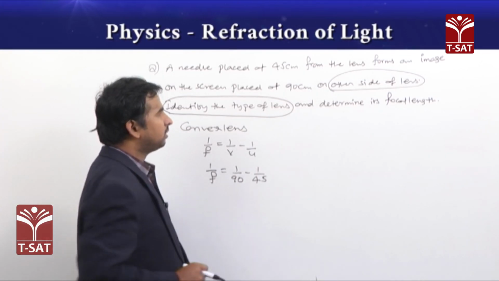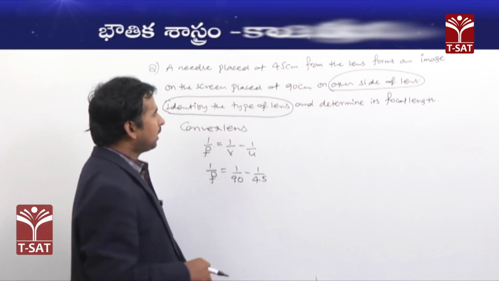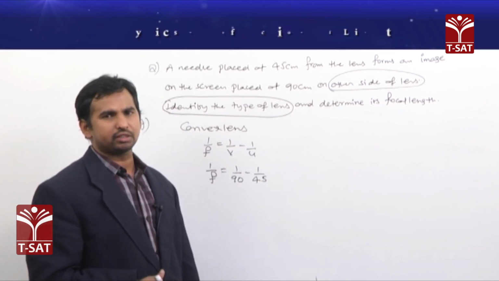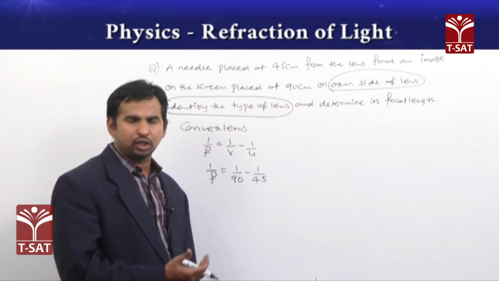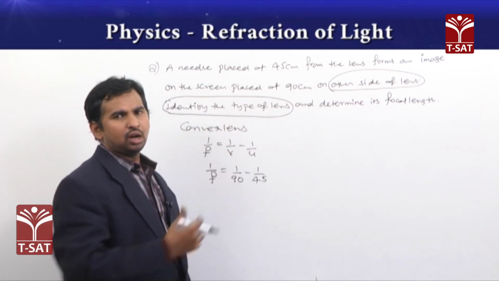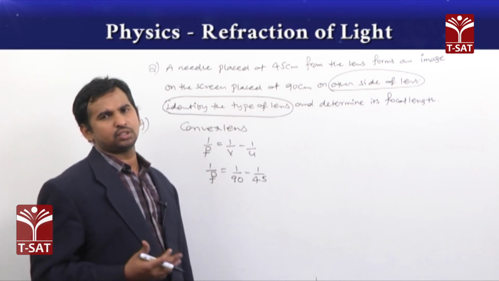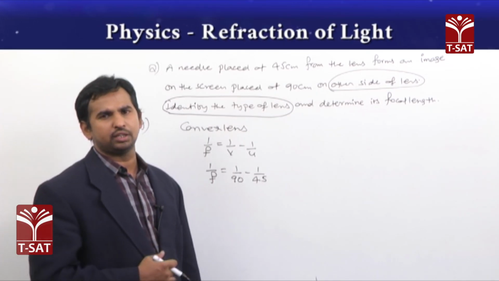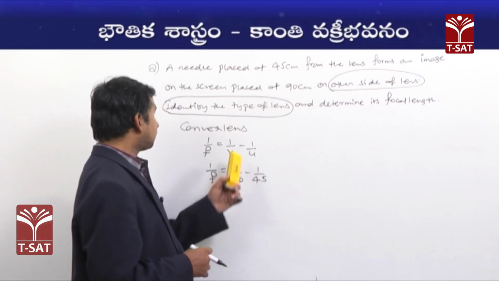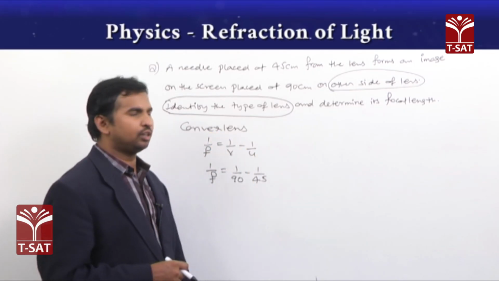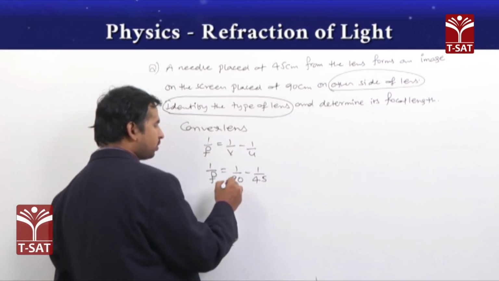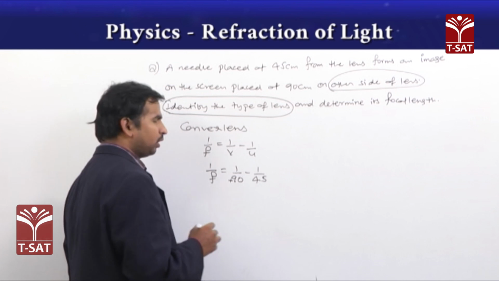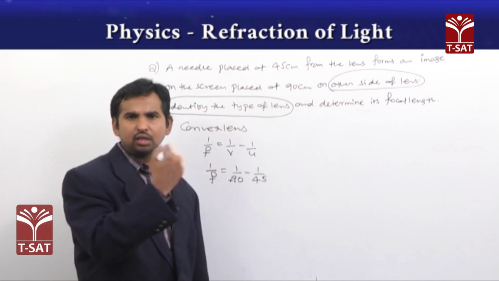Now, we have to apply the sign convention here. The given one is a convex lens because the image is formed on the screen, after the lens, which represents a real and inverted image. That is why, in the sign convention for the convex lens, we take the image distance as positive, because it is forming beyond the lens.